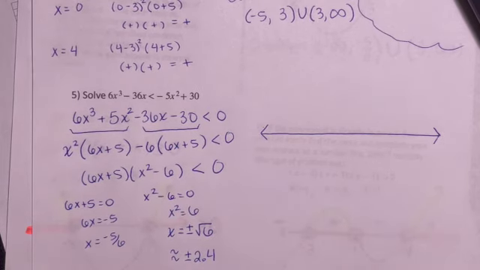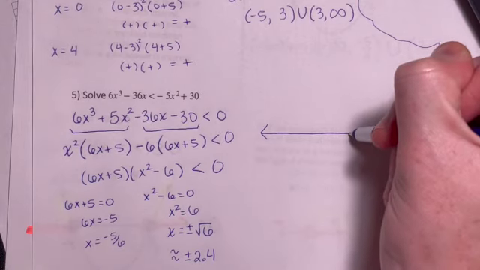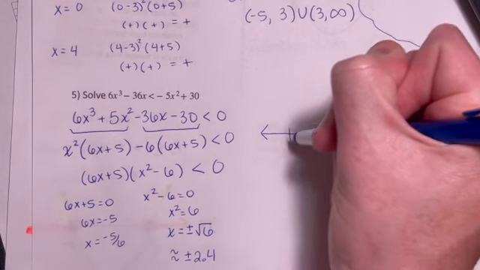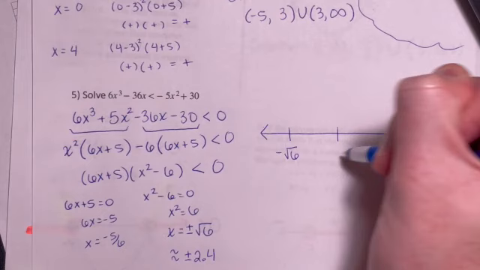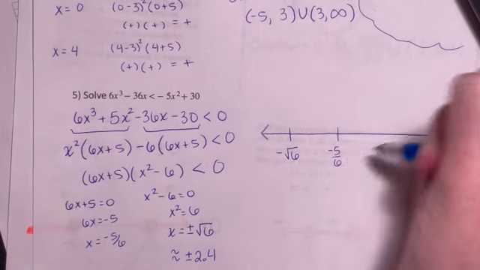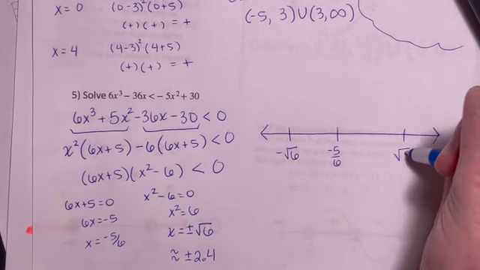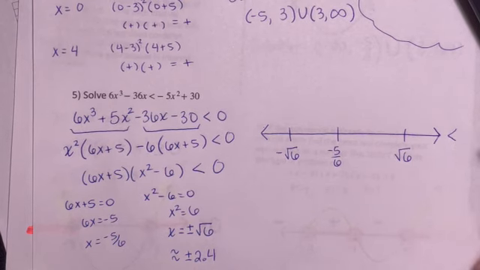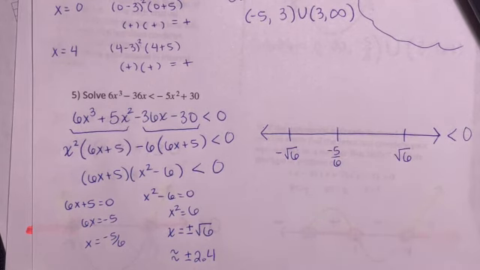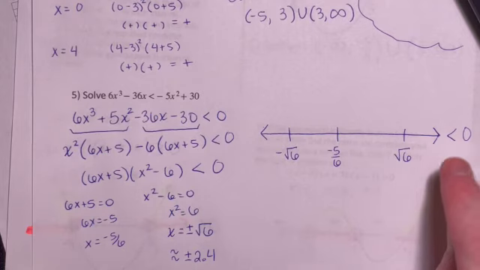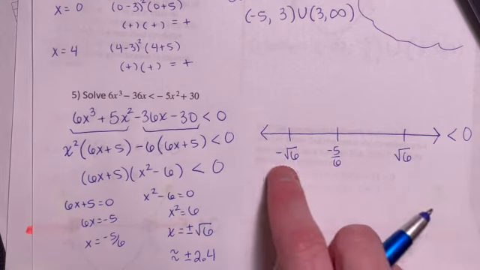Which helps us figure out where that is in relation to -5/6. So negative square root of 6, and then -5/6, and then positive square root of 6. We're strictly looking for when it's less than 0, which means I'm not including these values where it was equal to 0.